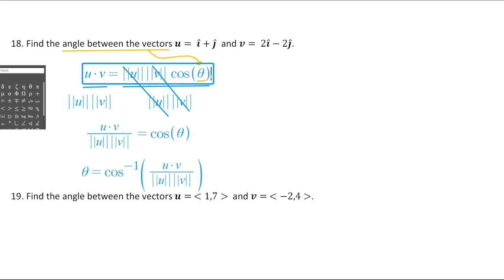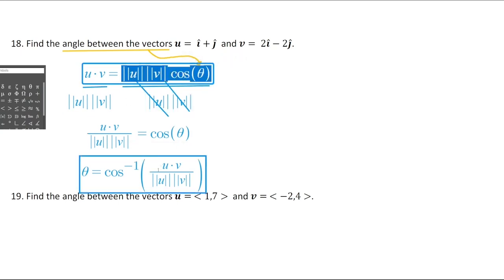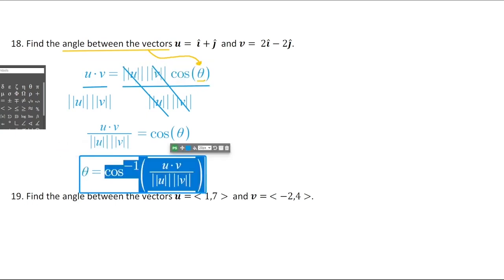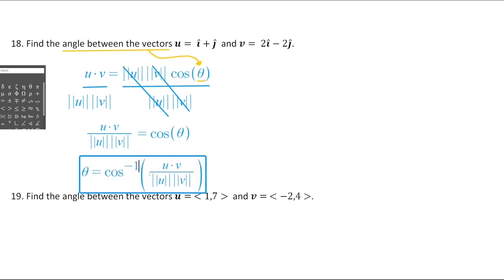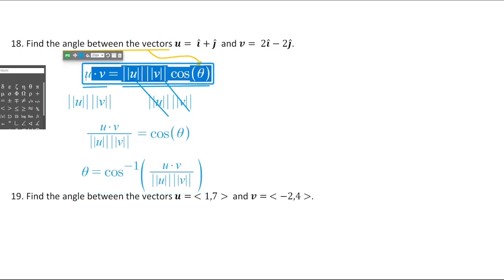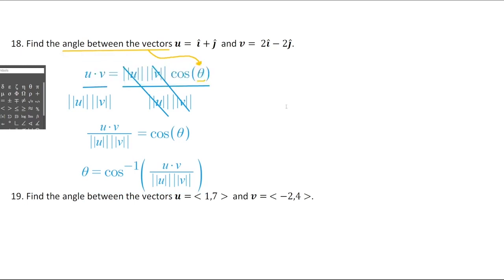I am going to give you this one right here, so you will need to know how to rearrange this to actually find the angle between the vectors. Or, if you're just decent at memorizing formulas, you could just memorize this one as well. But no need to, because remember, it's coming from the dot product formula. So now we're going to calculate both the dot product of u and v, and we're going to calculate the magnitudes. We're going to throw everything in here and use our calculator to find this angle.